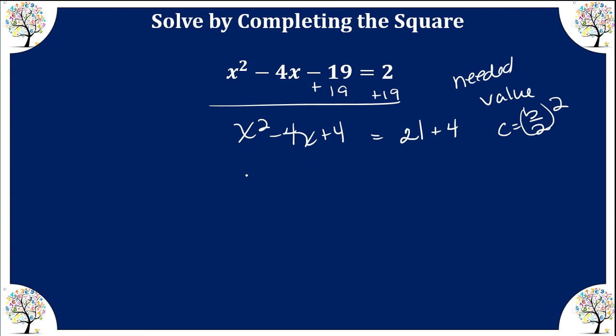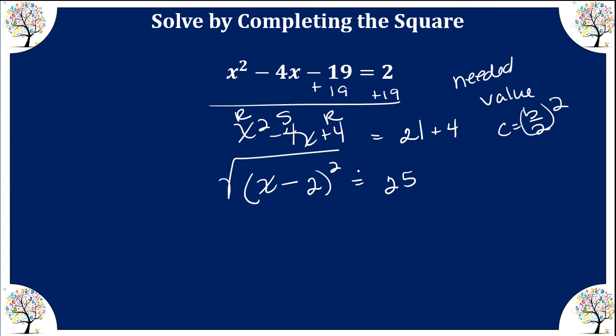Now it's time to factor the left, and this is a perfect square trinomial, so we simply can factor by taking the root of the quadratic, the sign of the linear, and the root of the constant, quantity squared, and then combine 21 and 4. Now we're going to use the square root method to solve. We're going to take the square root of both sides.